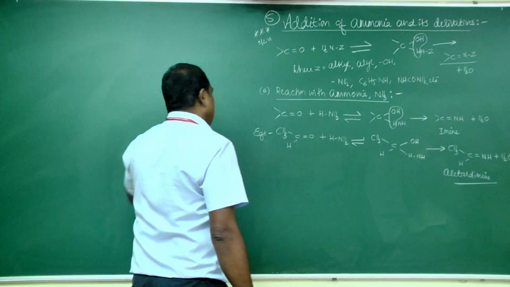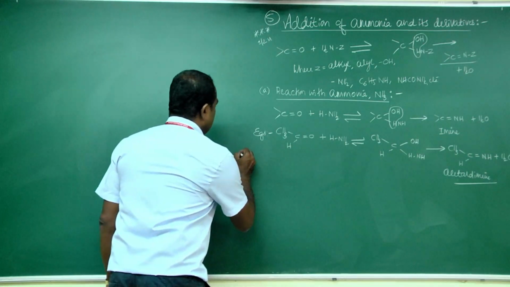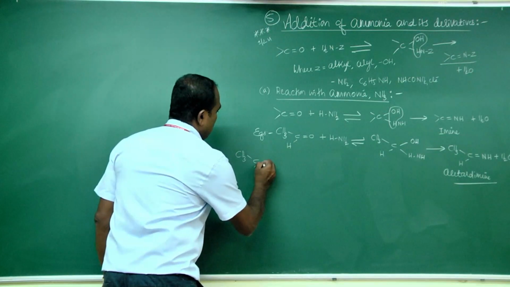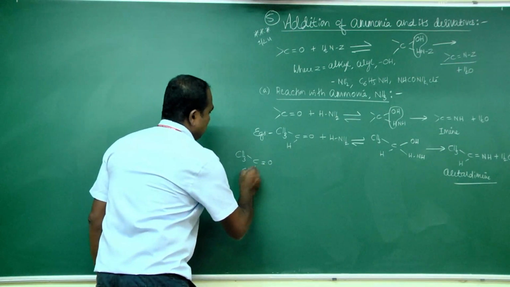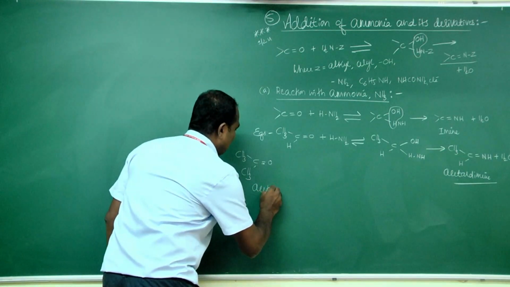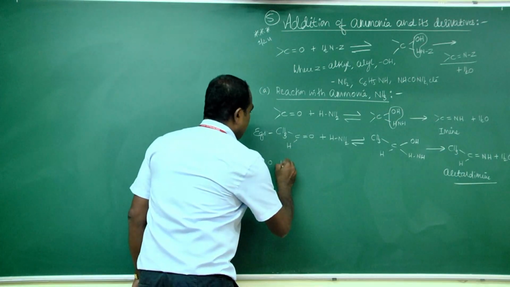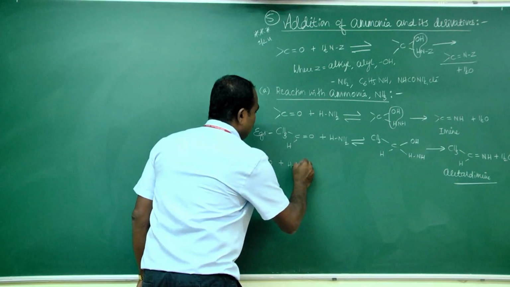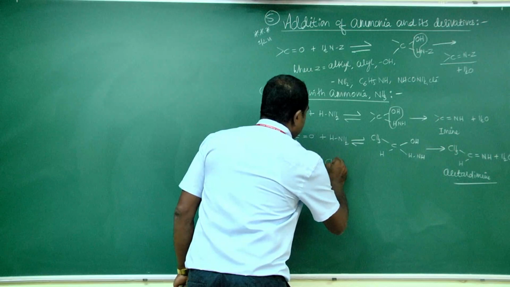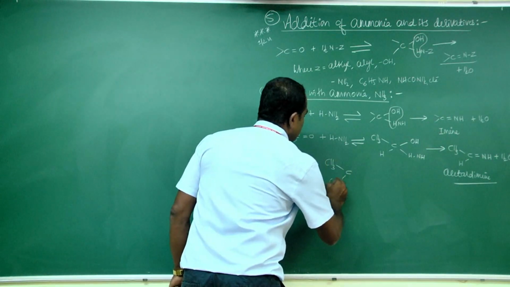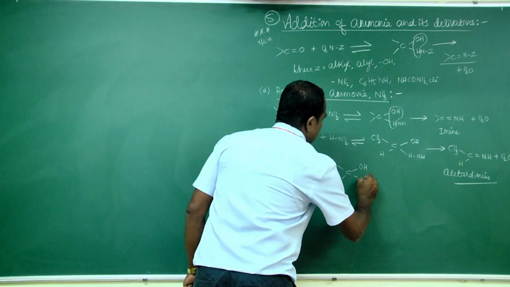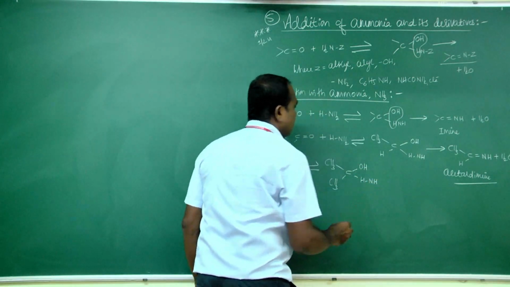Likewise, if you take a ketone, that is acetone, CH3 C double bond O connected to CH3. This is acetone. It reacts with ammonia, NH3, to form the intermediate CH3 C CH3 with OH and NH2.